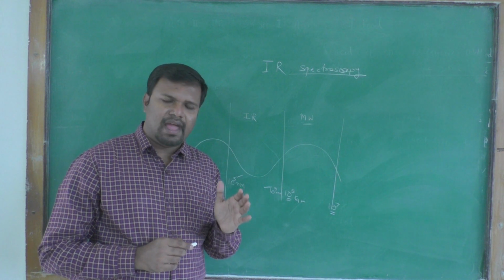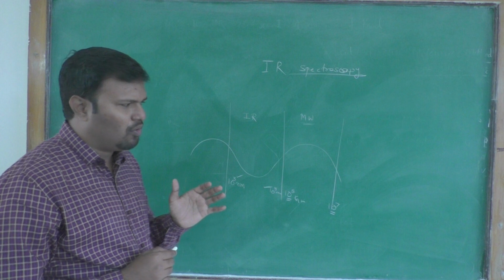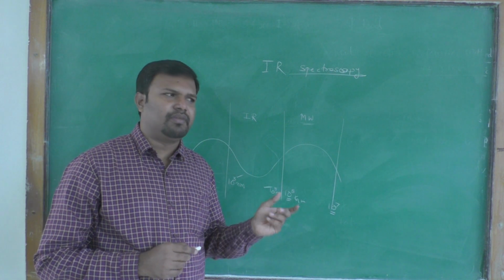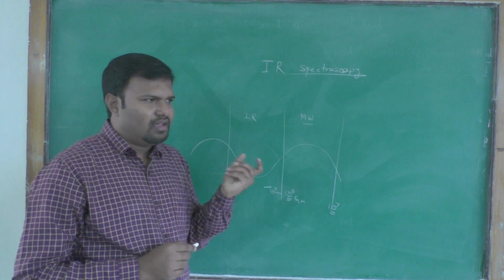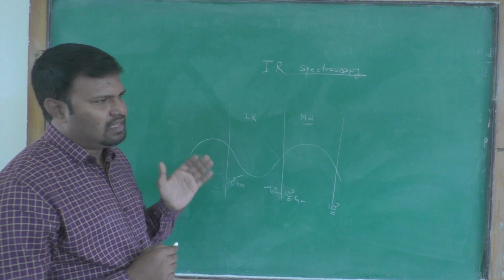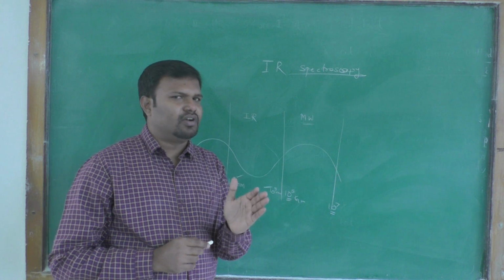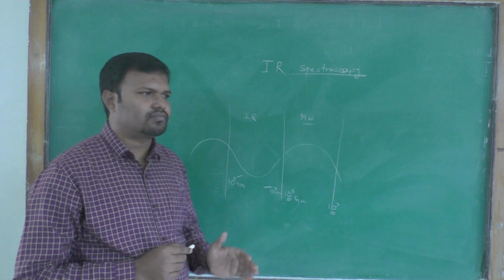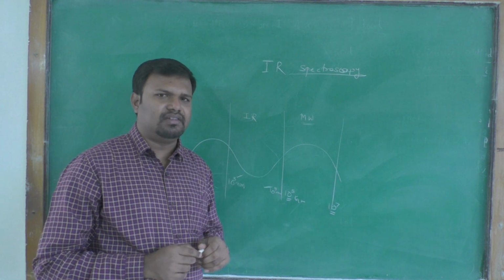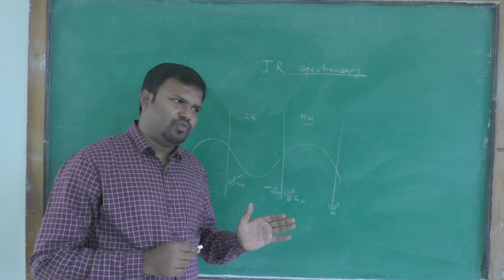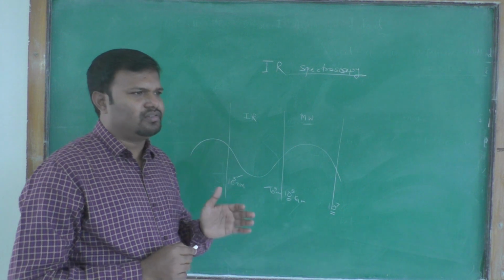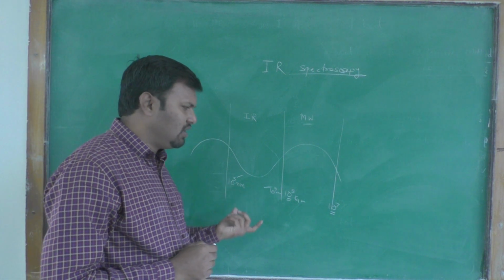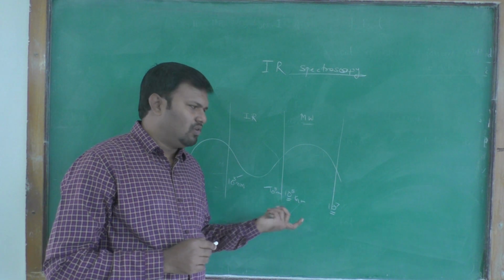Suppose you have a homo diatomic molecule, for example H2, where both atoms are the same. It does not have a dipole moment, therefore it is IR inactive. As in microwave spectroscopy, we are thinking about diatomic molecules.